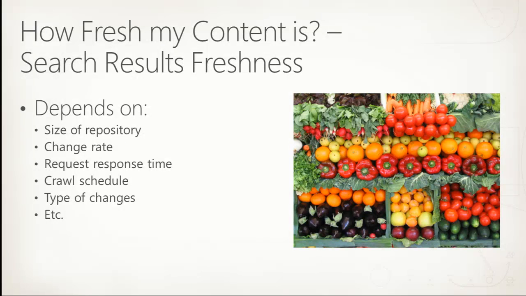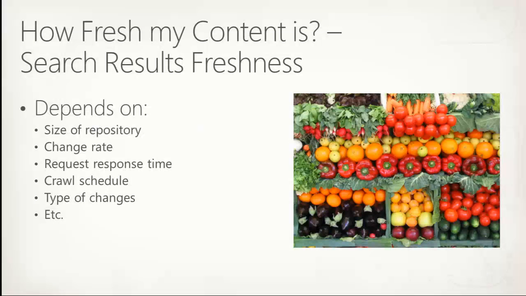But how can we guarantee good freshness? There are a lot of factors that it depends on. For example, it depends on the size of the repository. Size matters, right? So if you have 1,000 items, you can guarantee pretty good freshness. If you have hundreds of millions of items, it's much more work to go over everything and figure out what has been changed.